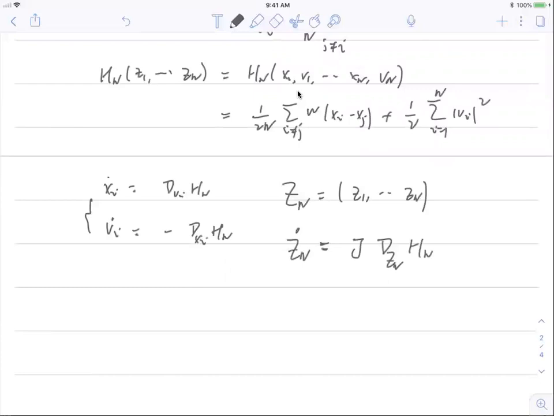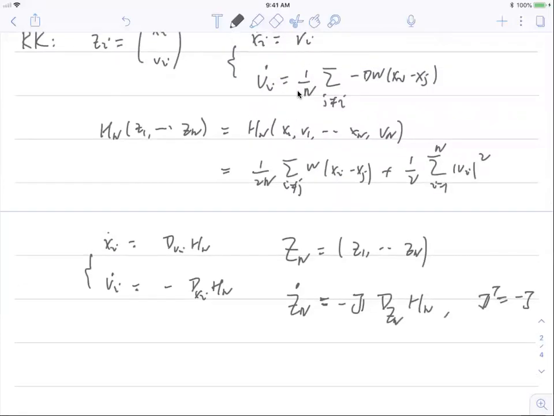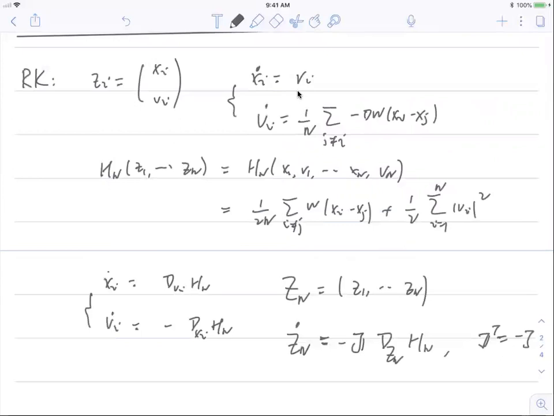You can put a minus here, it doesn't matter. J is an antisymmetric matrix. You can write this as a conservative flow. A Hamiltonian system is of course a conservative flow, but this is a second order system, even if you write it as a first order system like this. But now this H_n is different. This H_n is not just the interaction part. There is also the kinetic energy part.